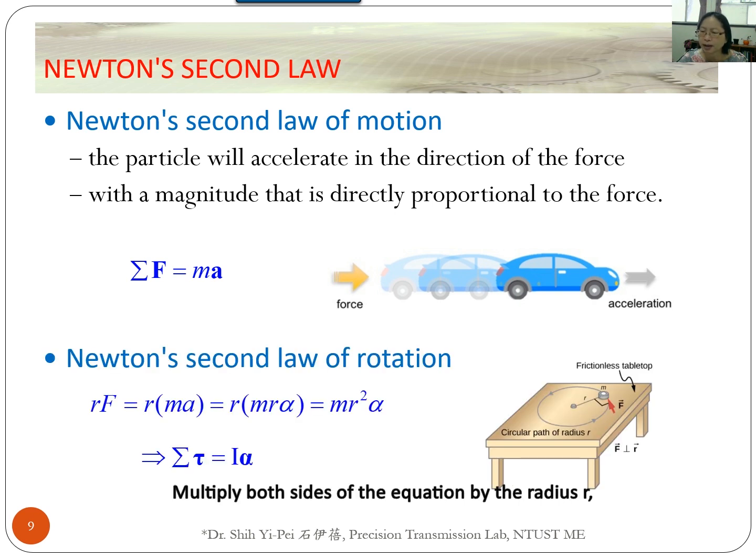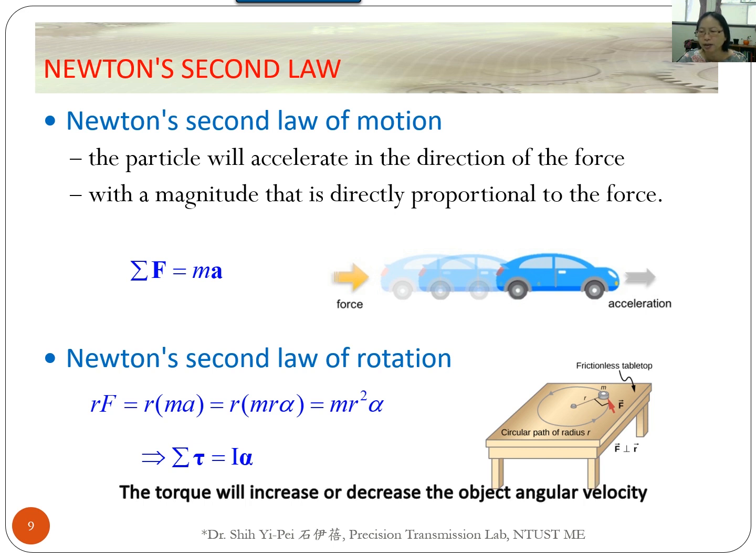Multiply both sides of the equation by the radius r, and you will obtain the equation of the second law of rotation. Radius r times a force F is a torque. The net external torque on the object is equal to its moment of inertia, I, about the rotation axis, times the angular acceleration, alpha.